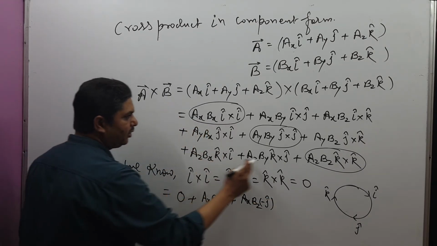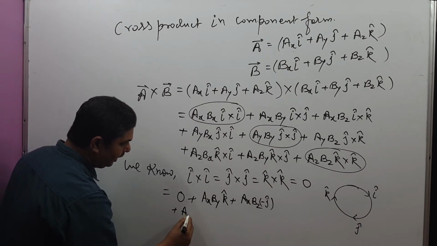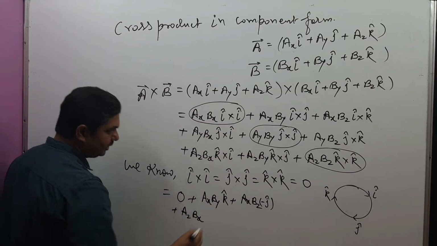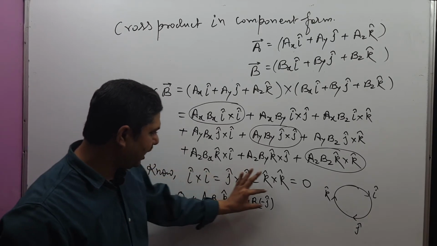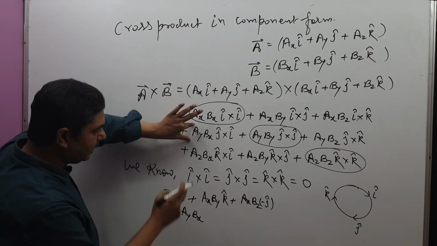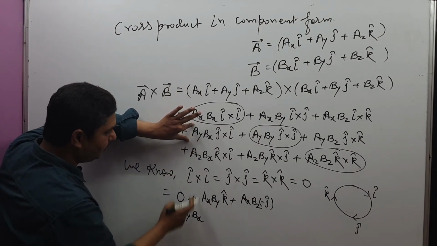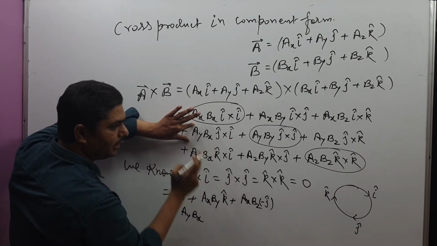Now this second line. We have just written this first line. We are solving this second line. Second line is AY BX. Here j cross i.